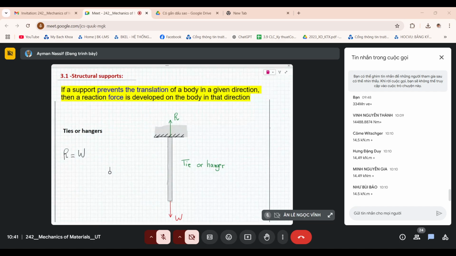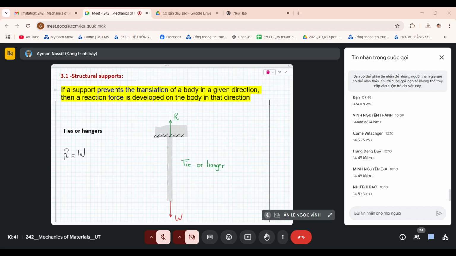If a support prevents translation, linear movement, in a given direction, the reaction force is developed on the body in that direction. So if you stop translation, you will develop a linear reaction force.